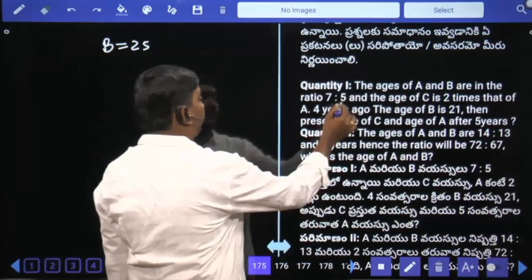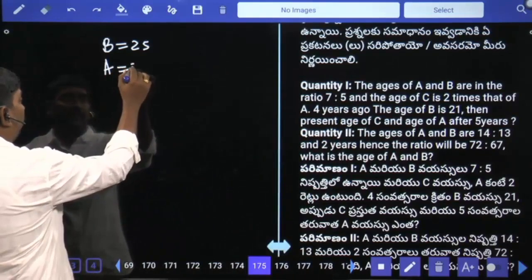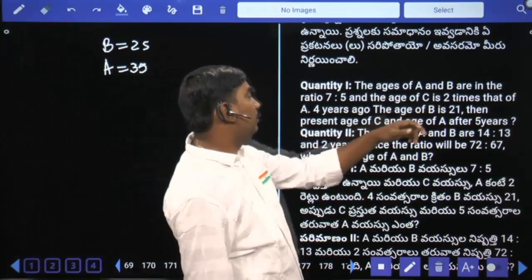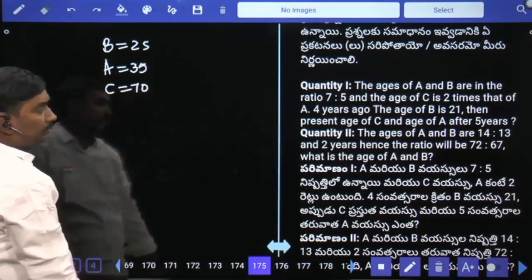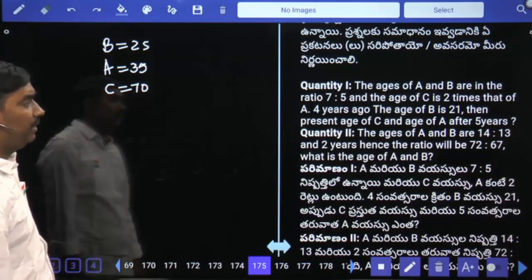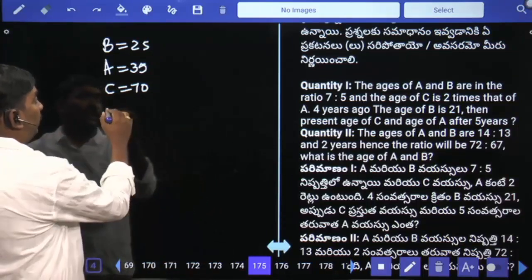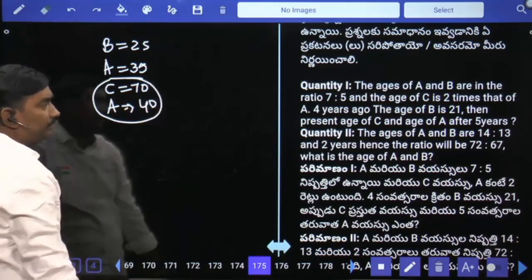In the ratio, B's 5 parts value 25, then A's 7 parts value 35. C is 2 times that of A, so C is 70. Present age of C is 70. Age of A after 5 years is 40. This is quantity 1.